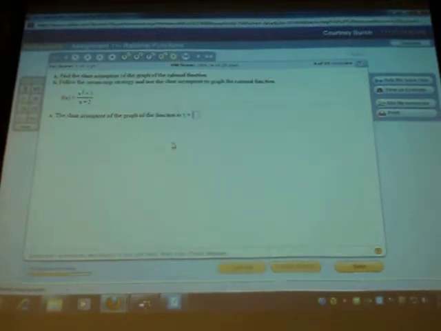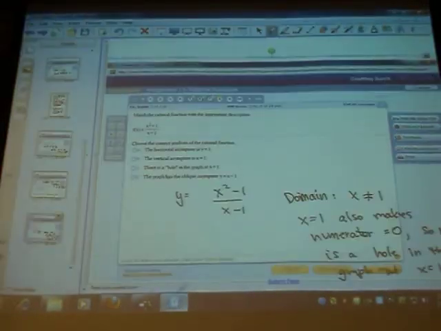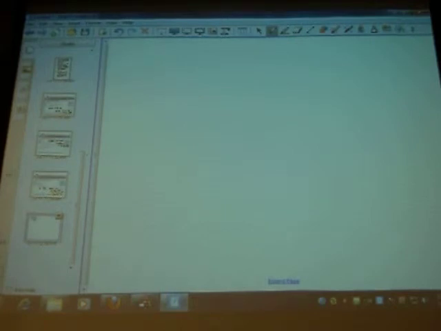Alright, now how do we find a slant asymptote if we need to? Like on the next question. The degree is higher on the top, or it equals a linear function, basically.